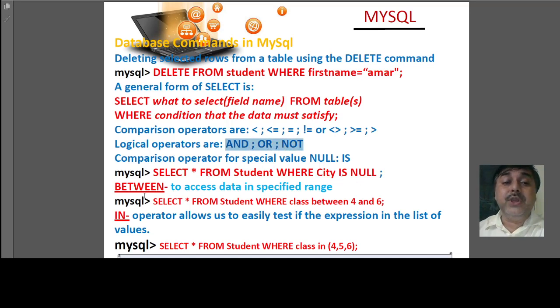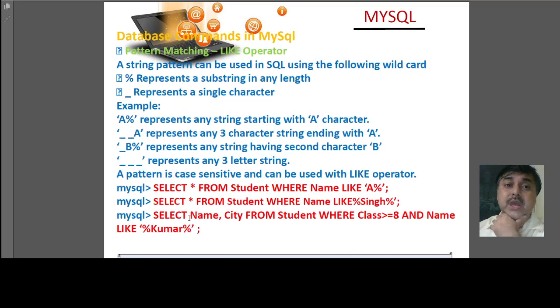Between clause we can use for all these implementations. I will show you the between clause, like select asterisk from student where class between 4 and 6, isn't it? Where clause, so we can use that as where and in. Select asterisk from student where class in 4, 5 and 6. That means in clause and where clause, both have been used here, isn't it?